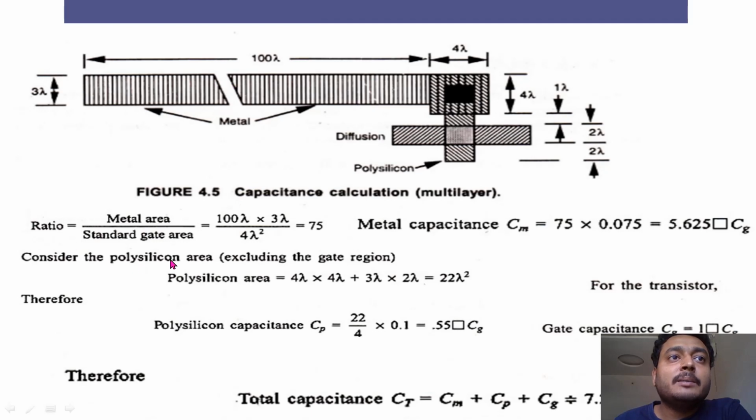Now we consider the polysilicon area. We are excluding the gate region; we are not including the gate region. The polysilicon area here is taken as 4 lambda into 4 lambda. Why 4 lambda into 4 lambda? Because we are using a contact here. This contact area has two layers.